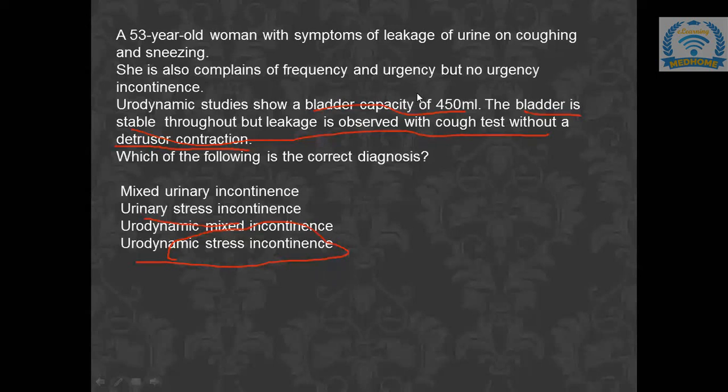The filling phase is concerned with the storage function, where you look at urodynamic stress incontinence or detrusor overactivity with incontinence.